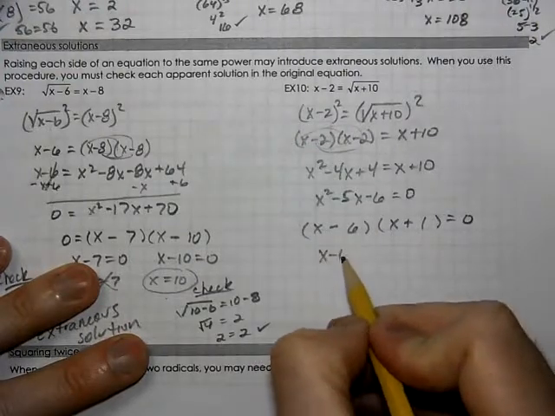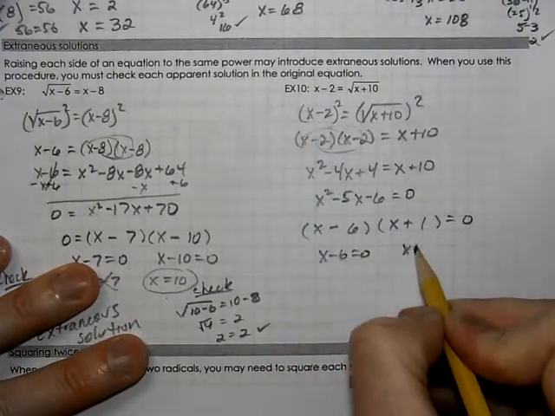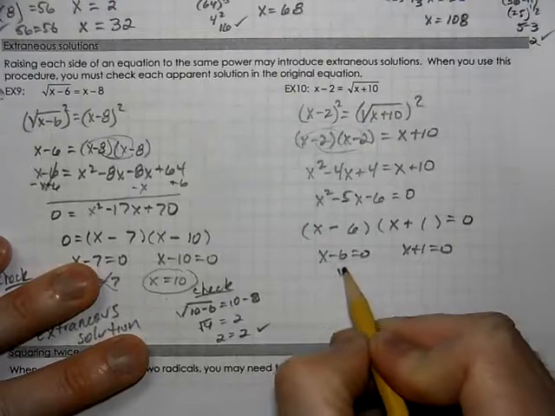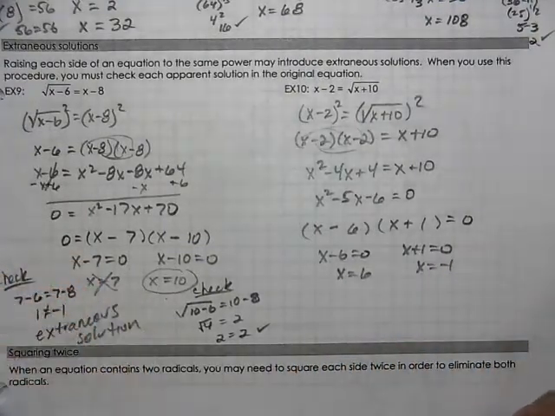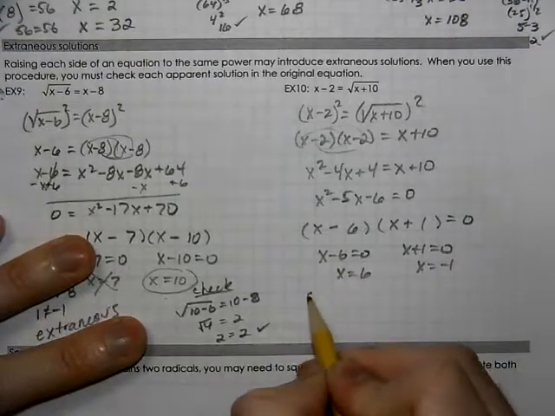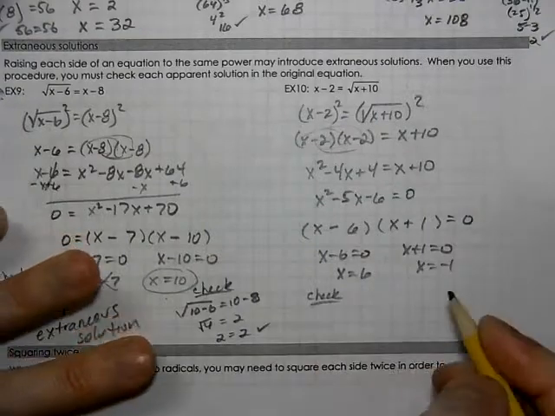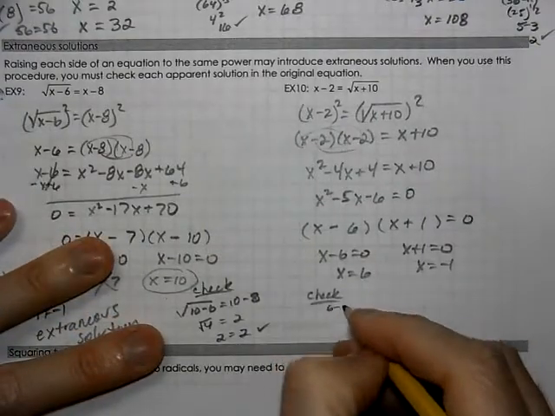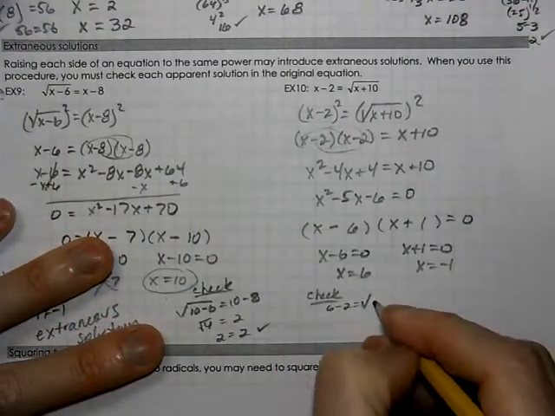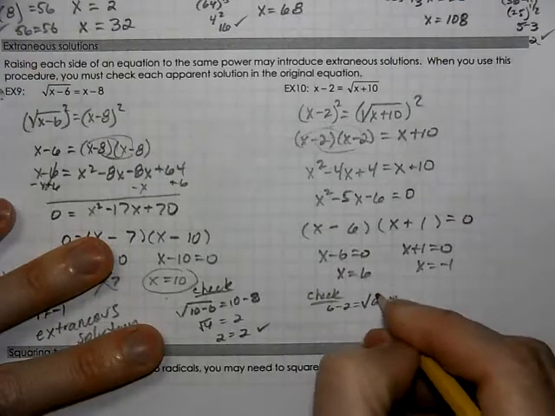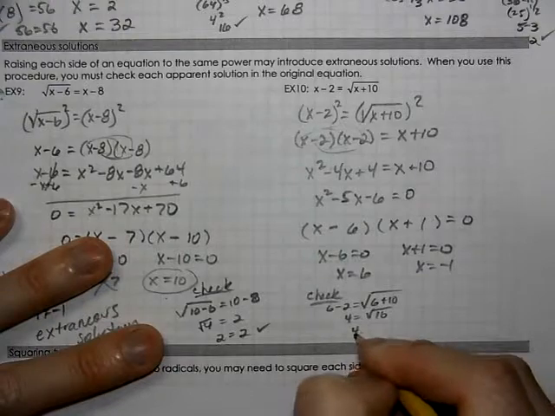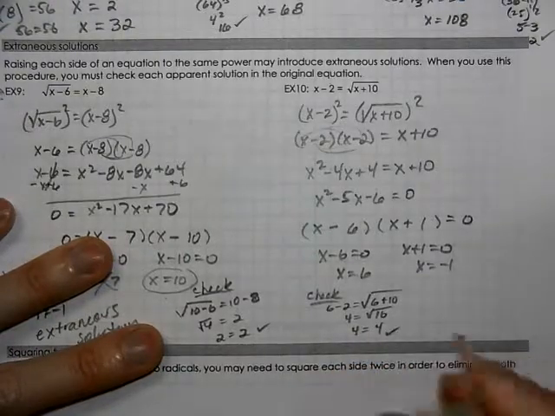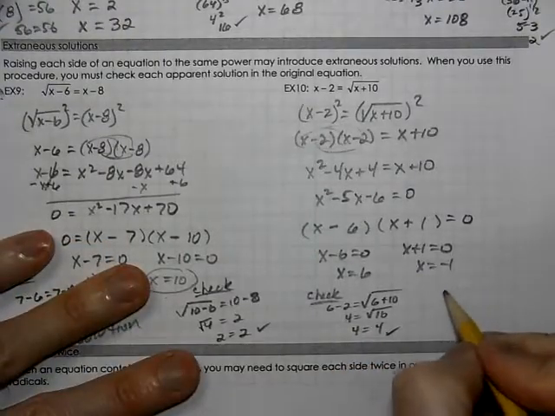So then we do our zero product property. And we'll go and check our answers. So we'll plug in 6 minus 2 equals the square root of 6 plus 10. 4 equals the square root of 16. 4 equals 4. That worked out just fine.